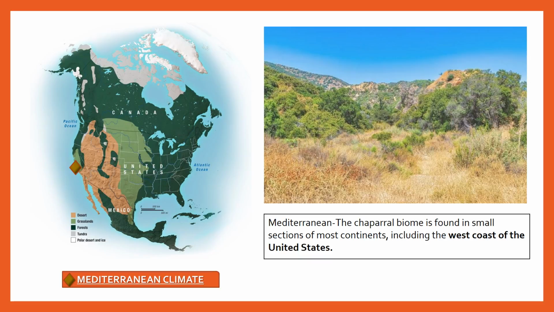The western coast of California experiences the Mediterranean type of climate. So, Mediterranean type of climate is characterized by dry summers and mild, wet winters. This is also known as the chaparral biome, which is found in a small section of most continents, and it includes the west coast of the United States, that is, the west side of California.